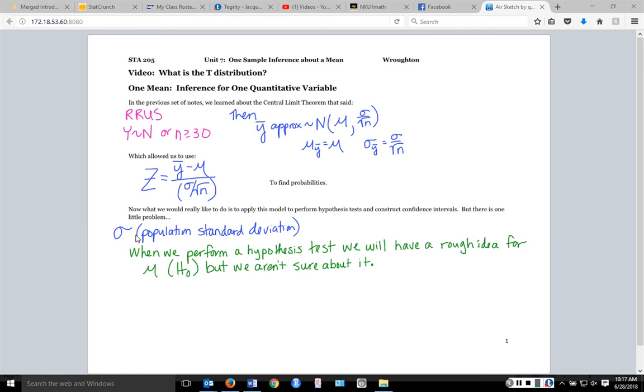Okay, now let's think about confidence intervals. When we construct confidence intervals, we are not going to know mu.